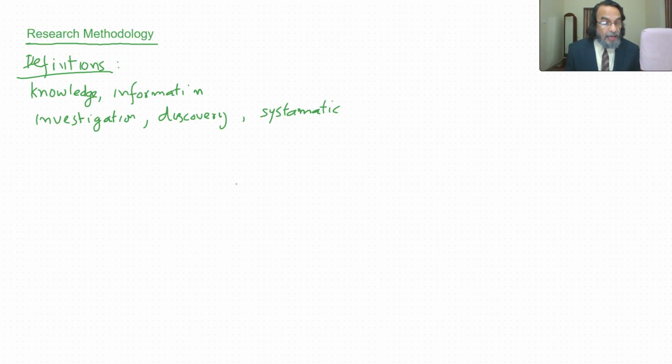Now, it will be a careful investigation, especially through search for new facts in any branch of knowledge. It is an attempt to find truth through the method of study, observation, comparison, and experiment.